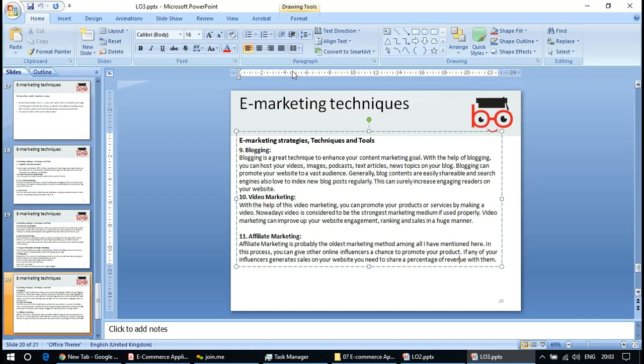Affiliate marketing is that you do marketing for someone else, on a commission basis, for a percentage of revenue. Okay, I've got that now, I understand.